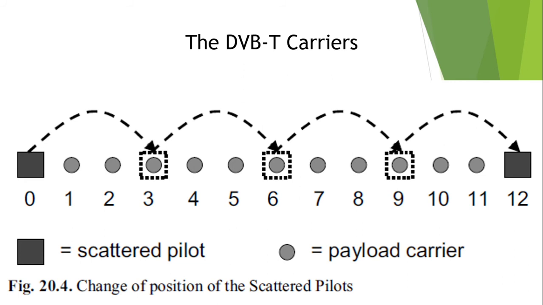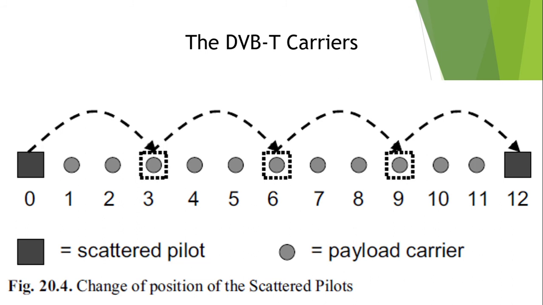Within these 1705 carriers, there are 1512 payload carriers which can be QPSK, 16 QAM or 64 QAM modulated. 142 are scattered pilots, 45 continual pilots, and 17 are TPS carriers. So out of 1705, 1512 are payload carriers, 142 for scattered pilots, 45 for continual pilots, 17 for TPS carriers.